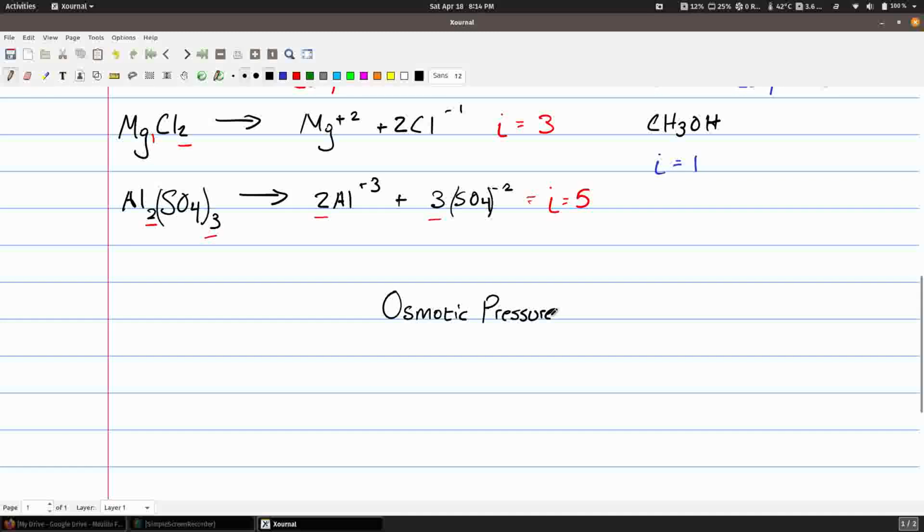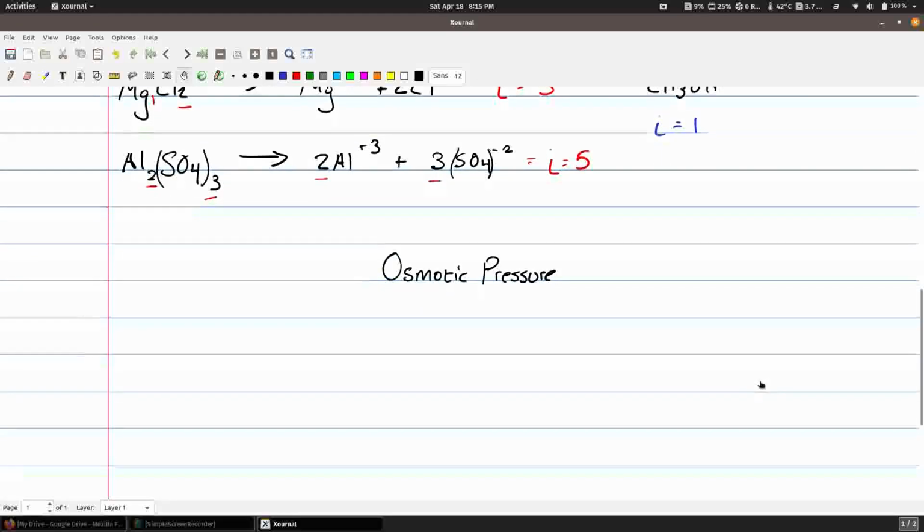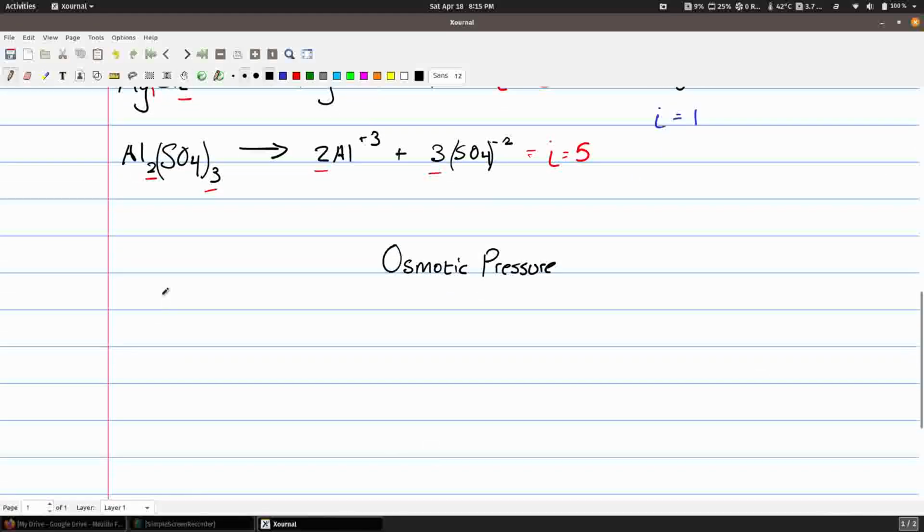Osmotic pressure talks about when you have a semi-permeable membrane and the solvent's able to use equilibrium to space itself out and achieve that balance, how much pressure do you need to force it back through that membrane? So I'm going to write down the definitions so we have those.